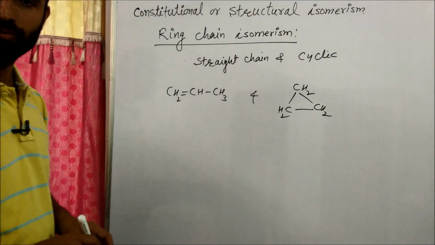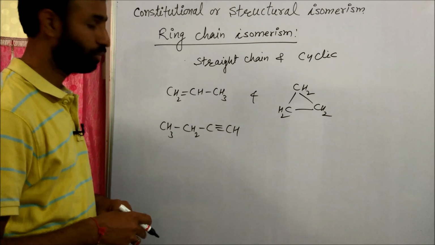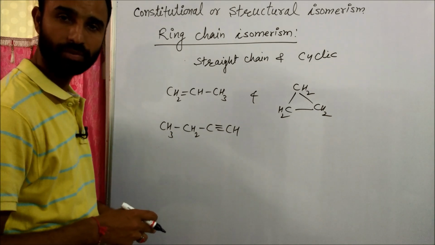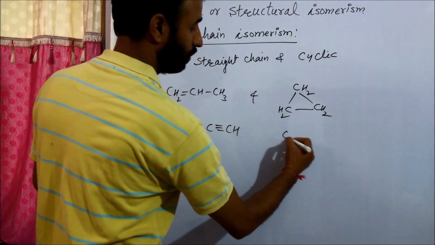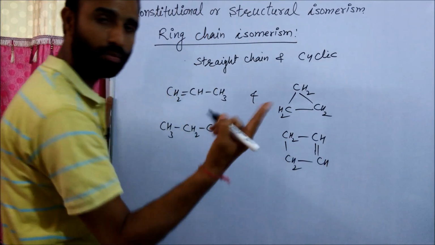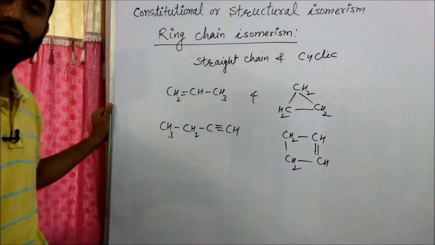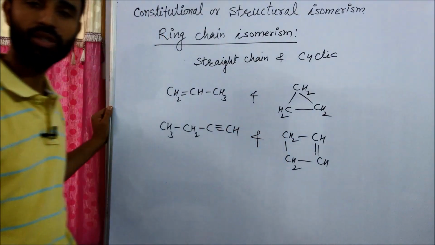Another example, if we have butene. Now what is the degree of unsaturation? 2. So one ring, one pi bond. So these are ring chain isomers of each other.